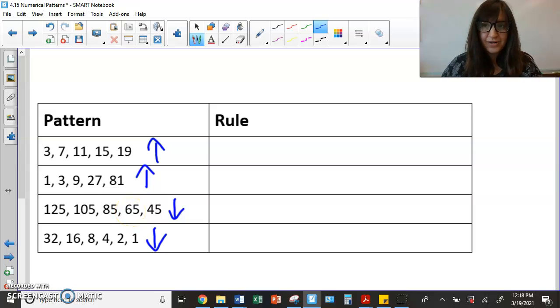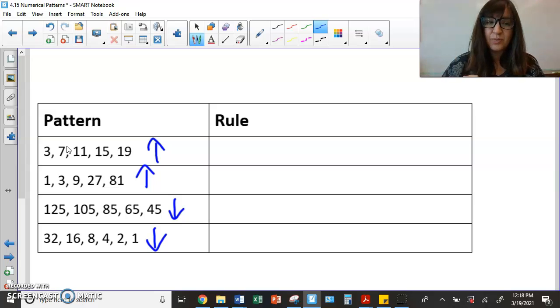So when they are increasing, I know that I'm either adding or multiplying, okay? I'm going to try adding first to see if it works. If that doesn't work, then I'll try multiplying. So to go from 3 to 7, I count 3, 4, 5, 6, 7. So I would have to add 4 to my 3 to get to 7. After 7, let's see if I can add 4 to 7 to get 11. 7, 8, 9, 10, 11.